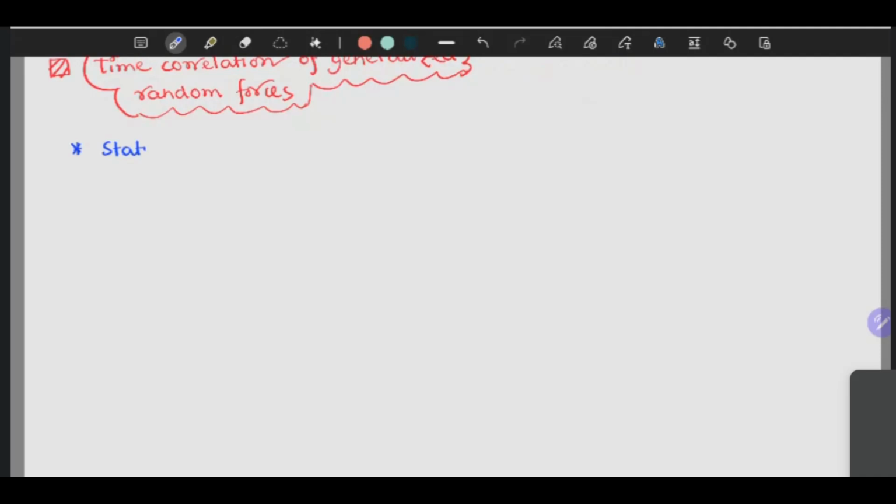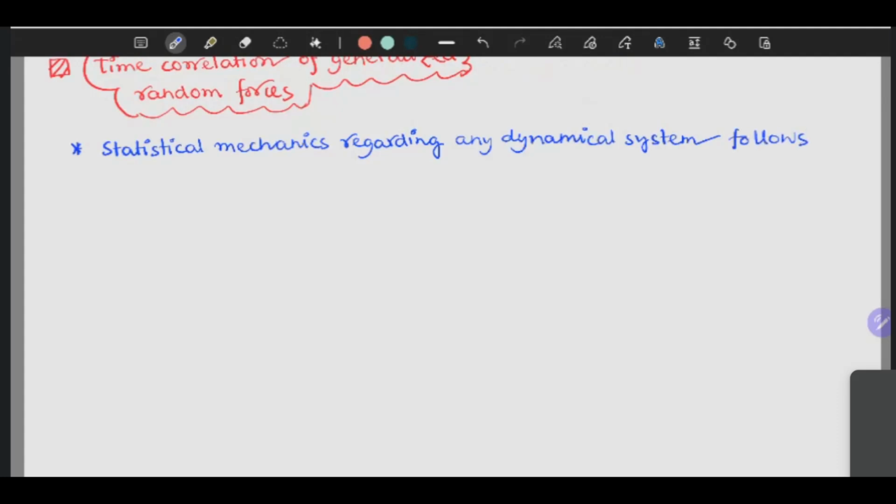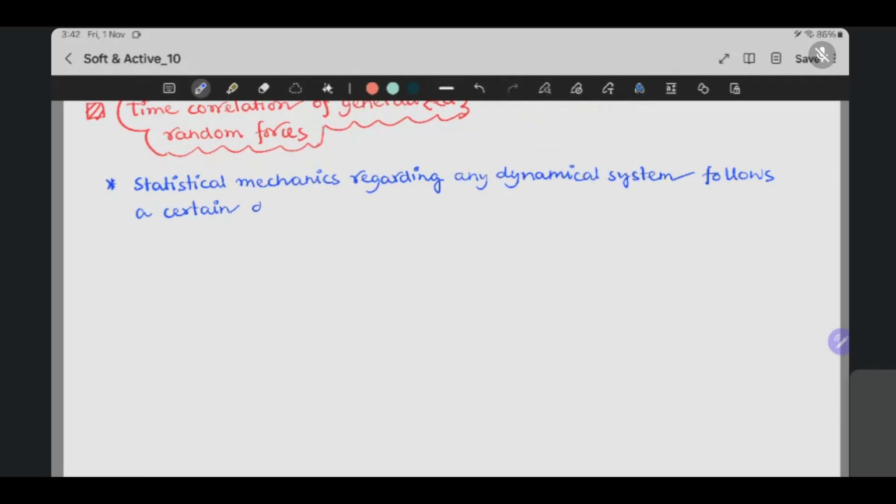Statistical mechanics regards any dynamical system as following Hamilton's equations of motion.